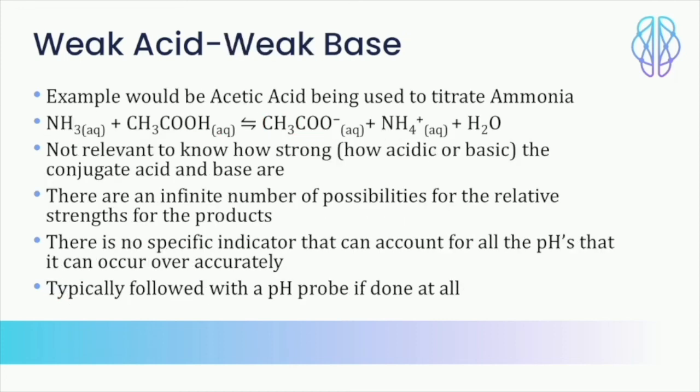Titrations between weak acids and weak bases aren't commonly done. So you don't really need to remember indicators that you'll use. However, we'll go through an example of one now. So it's acetic acid being used to titrate ammonia. This will give you ammonium acetate and water.